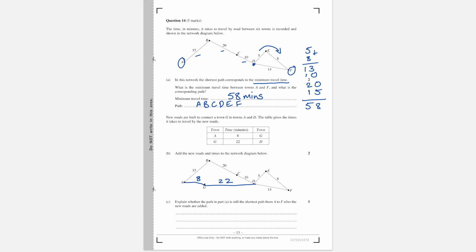Explain whether the path in A is still the shortest path from A to F after the new roads are added. Okay, so we saw in the previous part of the question, it took 58 minutes and we went via BCD. But in this case, we have a different option. We can go this way instead.